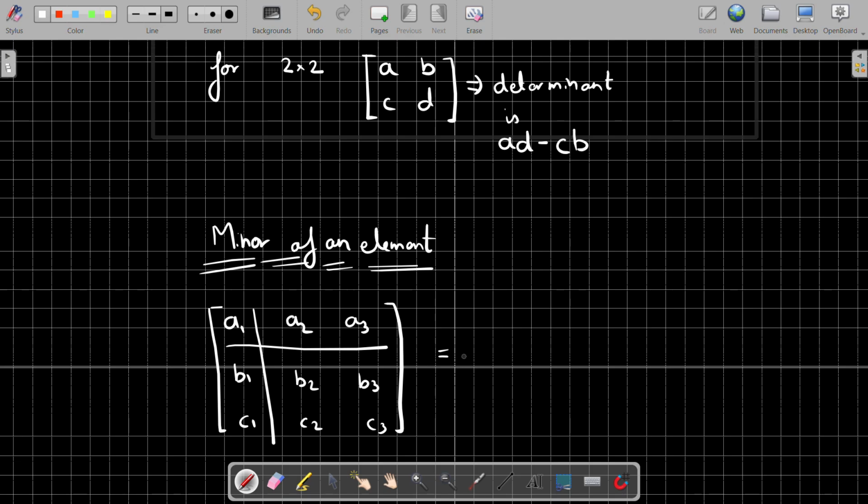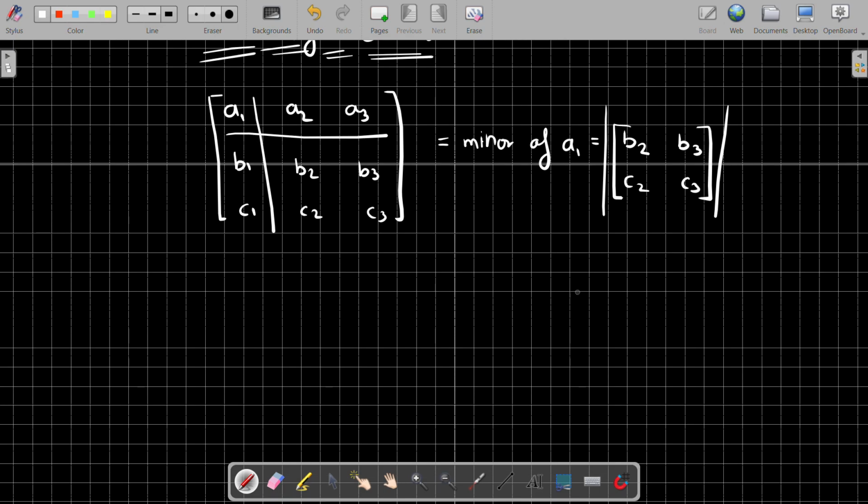So the minor of A1 equals the determinant of B2, B3, C2, C3, which is denoted by two parallel lines like this, which means you are taking a determinant, and it will be equal to B2 C3 minus C2 B3. So this is the minor of A1.